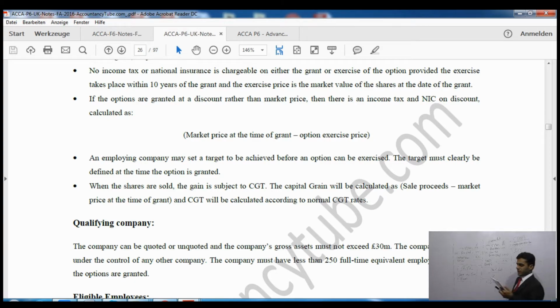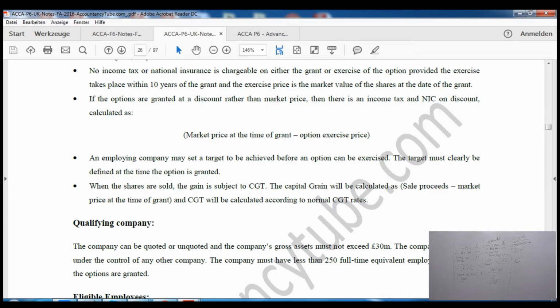There won't be any income tax or NI on both grant or exercise of the options, provided the exercise takes place within 10 years. So what would happen is that if you buy the options and you exercise the shares, so you bought the options and you have bought the shares as well within the 10 years, then you won't have to pay any tax on the exercise date as well.